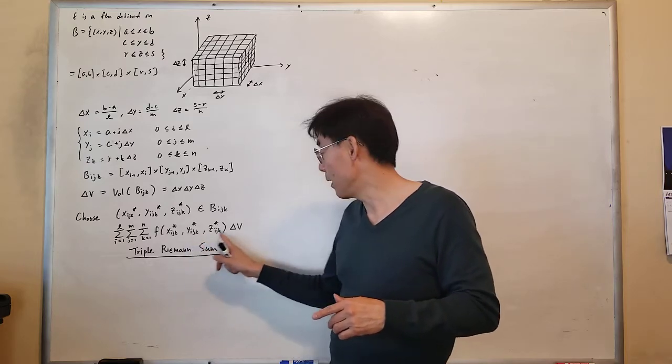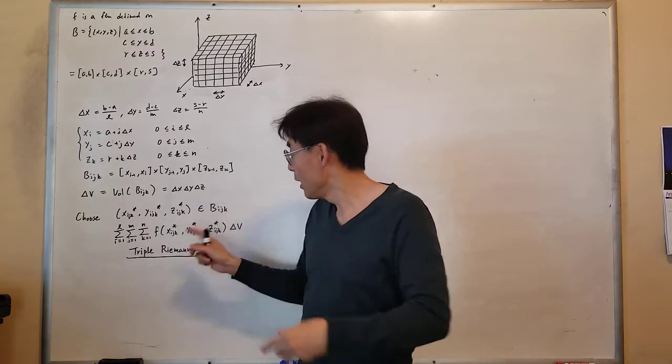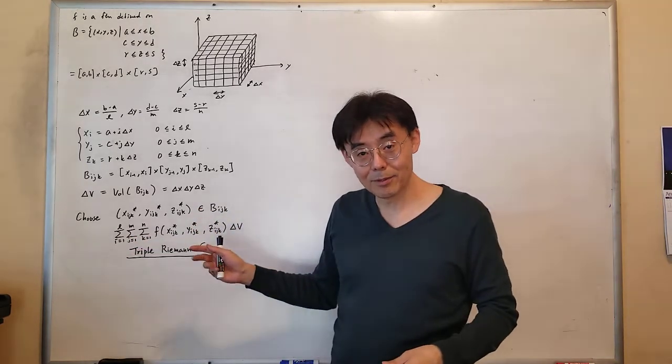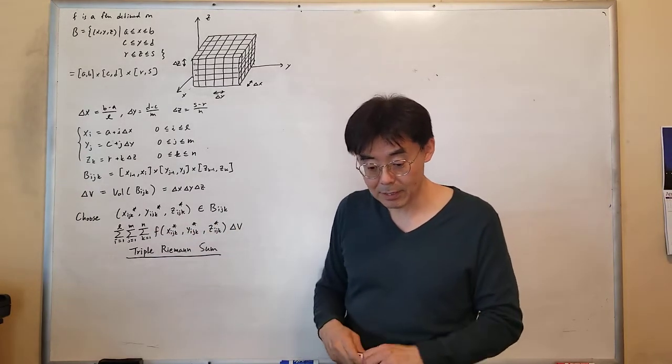Multiply that function value by the volume of that sub-rectangular box, and add them all up through i, j, and k. That is the triple Riemann sum of f.